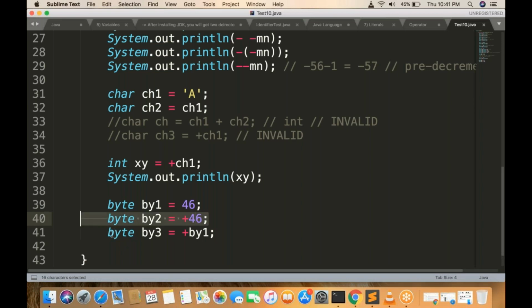Correct? Why is this valid and why is this invalid? Clear? Because this is the variable and this is the value. It's a literal. Already yesterday we discussed, by default the type of this literal is int type. But remember the range of the byte is up to 127. Clear?